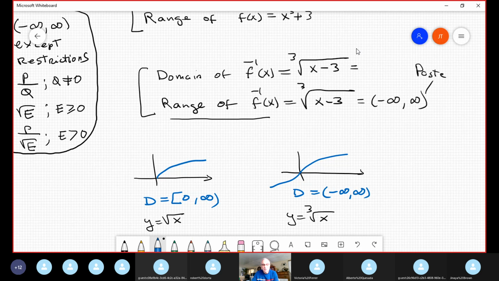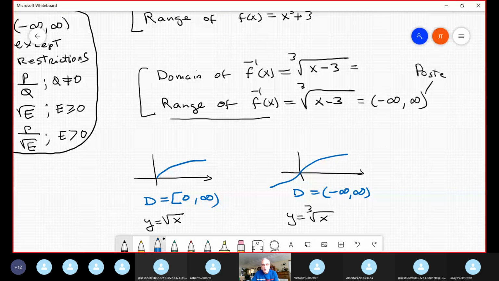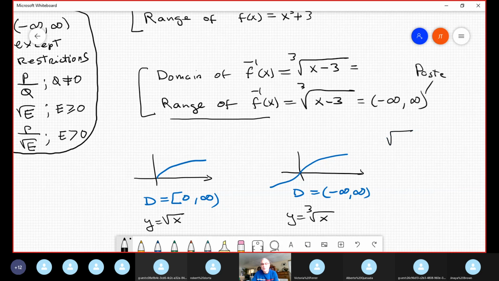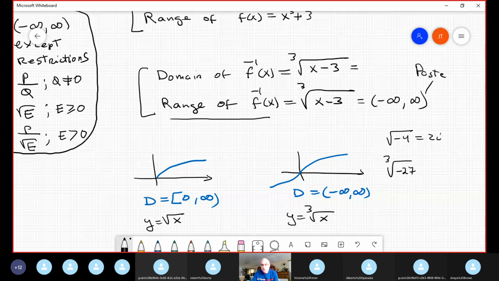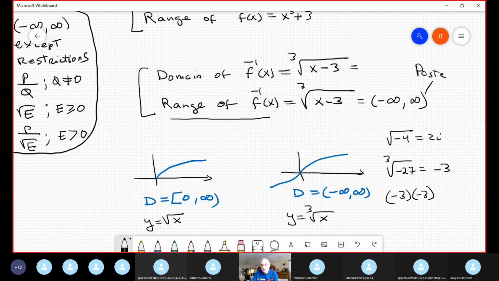And it's classical because, for example, the square root of negative 4 is imaginary, 2i. This is totally out of the domain because the supposition of the function is that the domain is all real numbers. However, cubic root of negative 27 is negative 3, because negative 3 times negative 3 times negative 3 is negative 27.